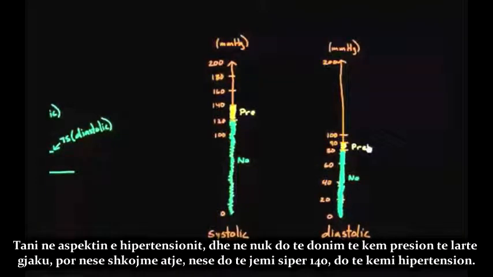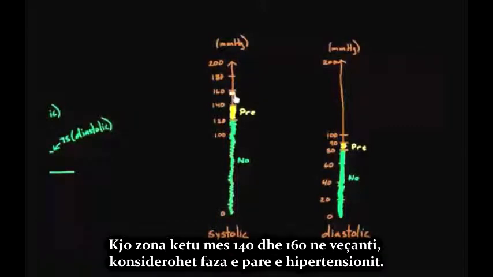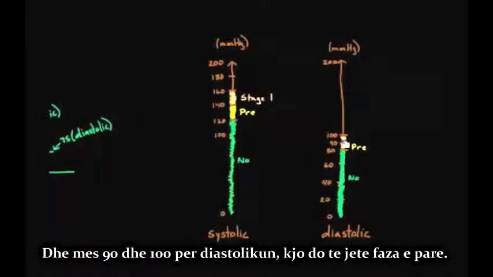Now, in terms of high blood pressures, again, you don't want high blood pressures, but in terms of getting there, if you're above 140, you have hypertension. So this zone in here, 140 to 160 in particular, is considered stage 1 hypertension. Stage 1. And between 90 and 100 for diastolics, that would be stage 1.